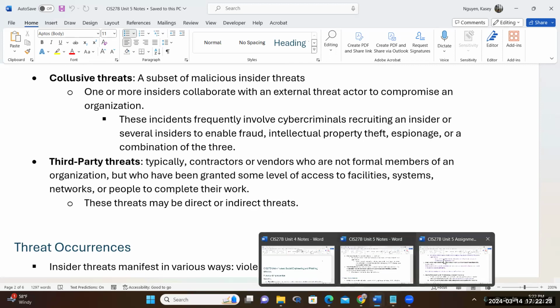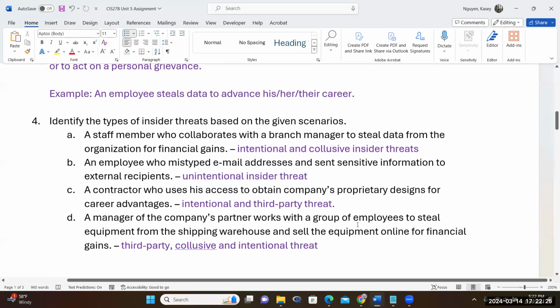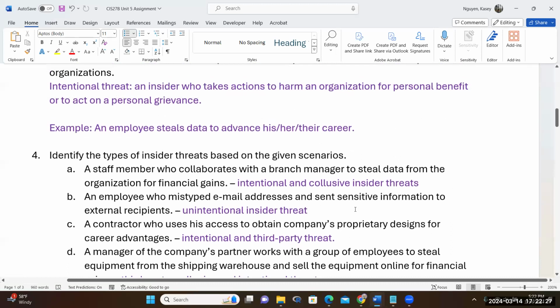So for 4, it asks you to determine the type of insider threat given the scenario. A says a staff member who collaborates with the branch manager to steal data from the organization for financial gains. This is probably going to need a lot of tracking, right? If it is through financial systems, like if they transfer funds, or they have a slush fund and then transfer that.